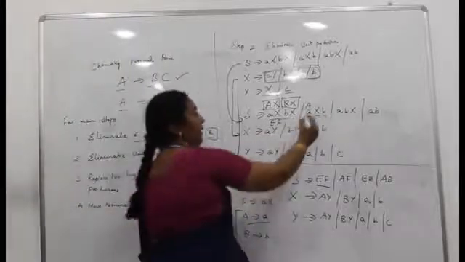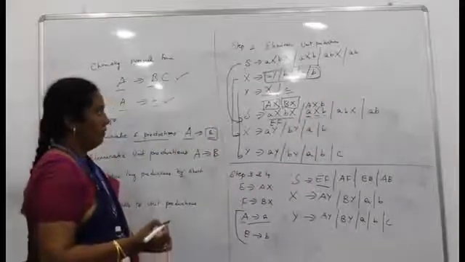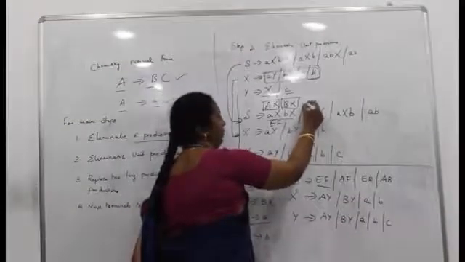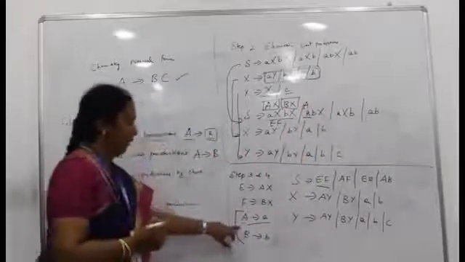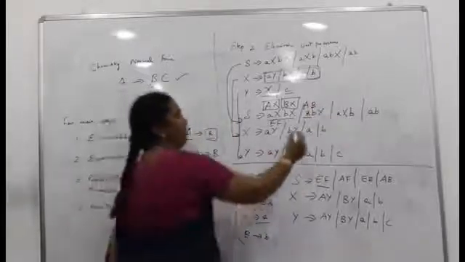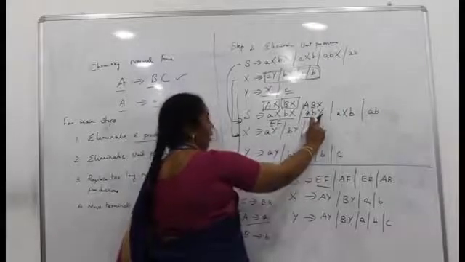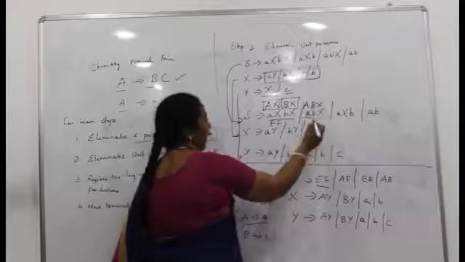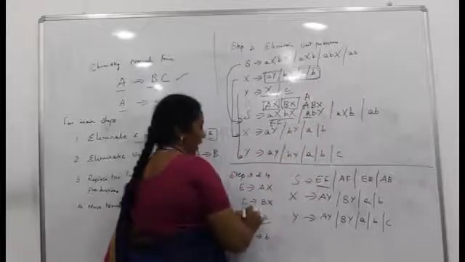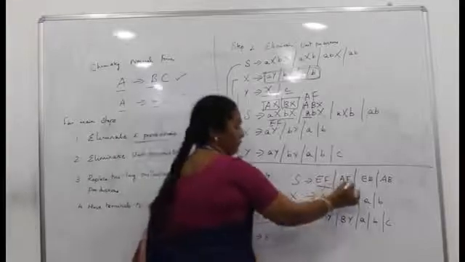So I will get A, X, B. Now if we check this one, this a I replace using the production A gives a, and this b will be replaced by B gives b, followed by X. So again I have S gives ABX. This has 3 variables, but it has to have only 2. So we will keep A as such, and we have the production F gives BX. So it will be AF. That is what we got in the second one.